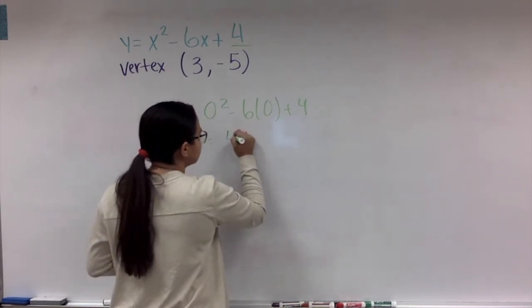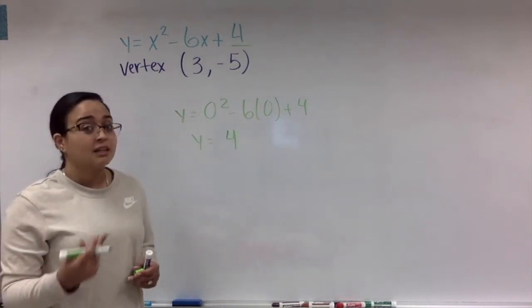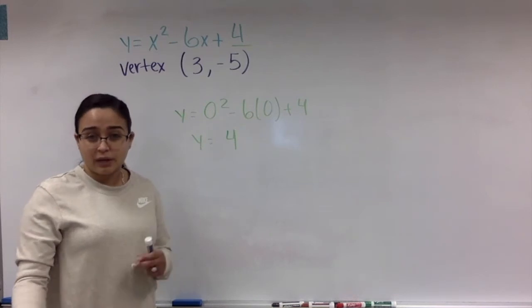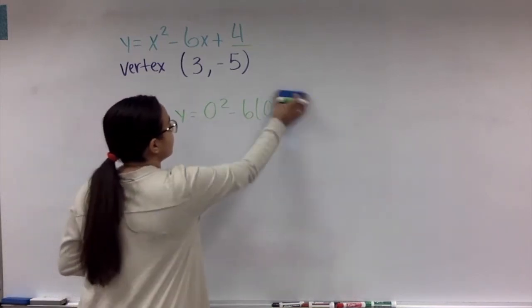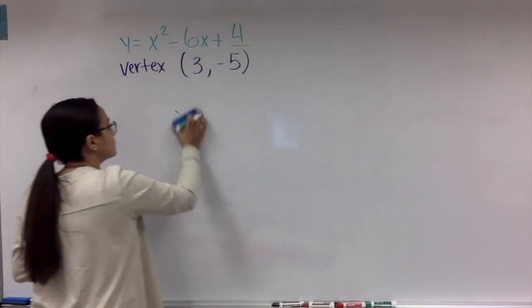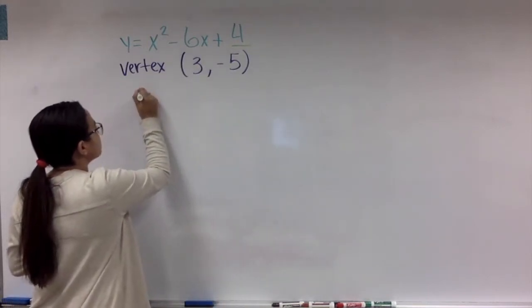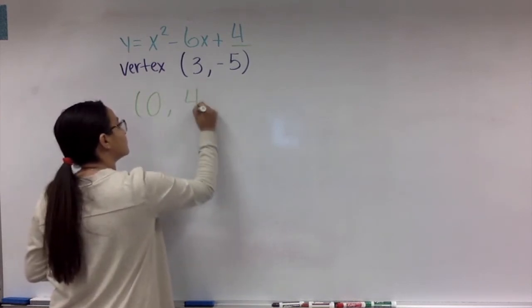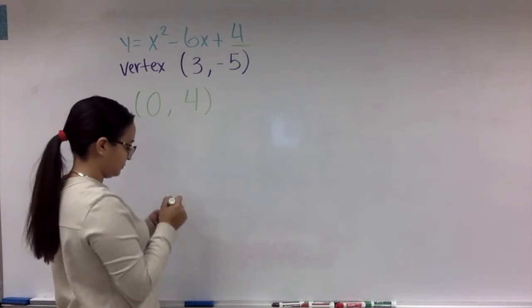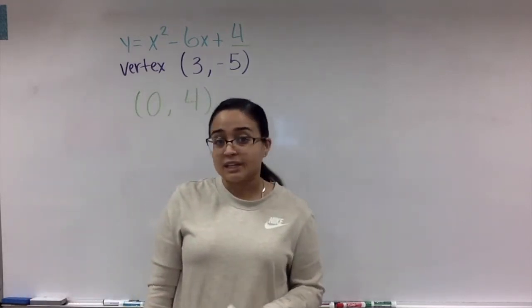So we are actually left with just the 4. Okay? So you see how I did that? So we have found one of our points, x equals 0, and our y-intercept is going to be 4. Okay? Let's see how we would find another point.